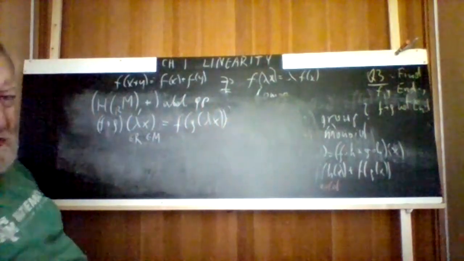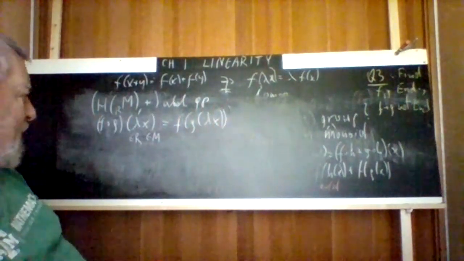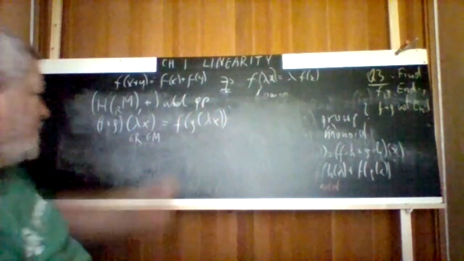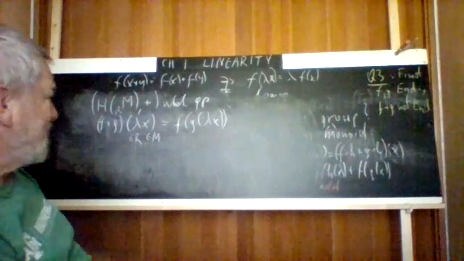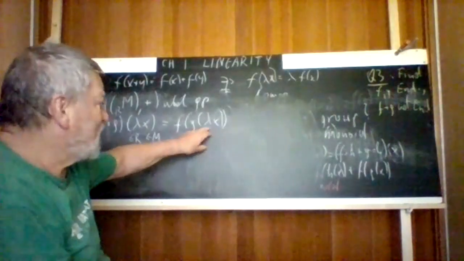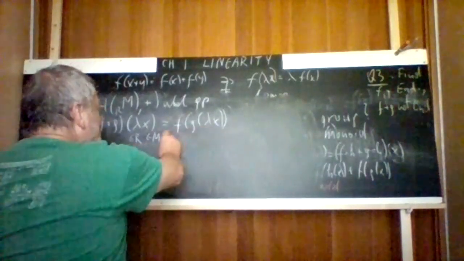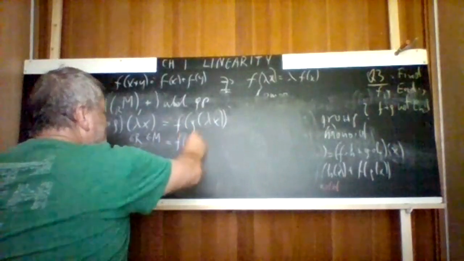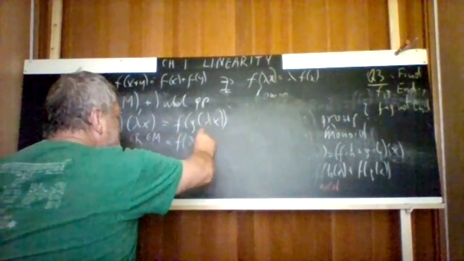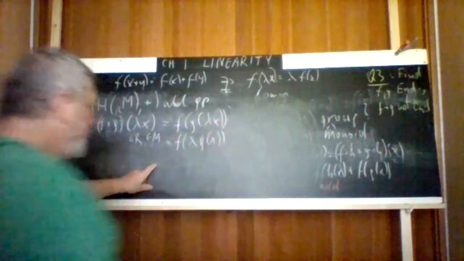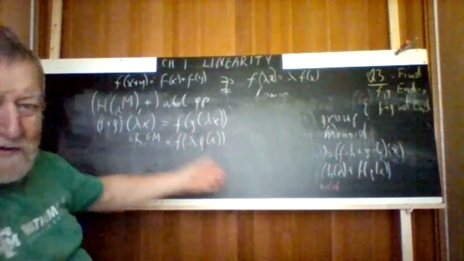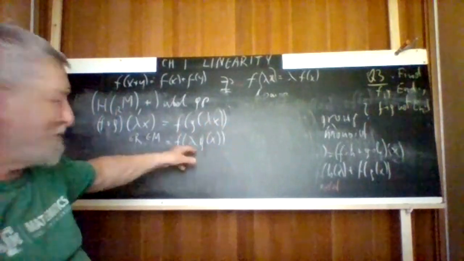And now things are running by themselves again, because here you just cannot avoid pulling out the lambda, and we get F of lambda times G of X. And here again, it's just too tempting to stop here.